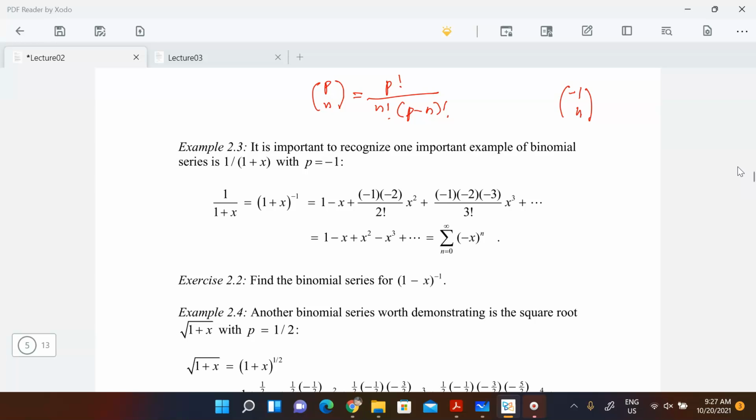So let me just see if this is correct or not. In this case, let me just do the first one and see whether it comes out right. So I would actually have minus 1, and then it should stop at, p is minus 1, and n is 1, so minus 1 until 1.